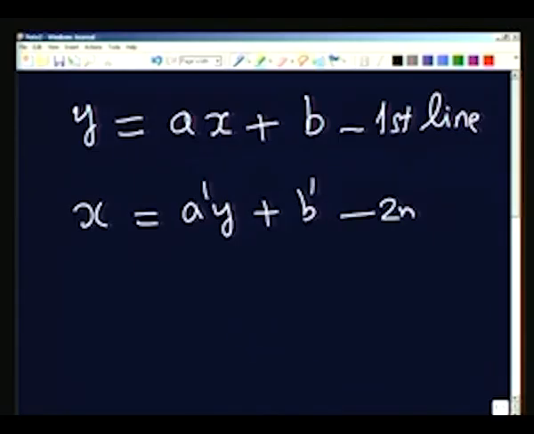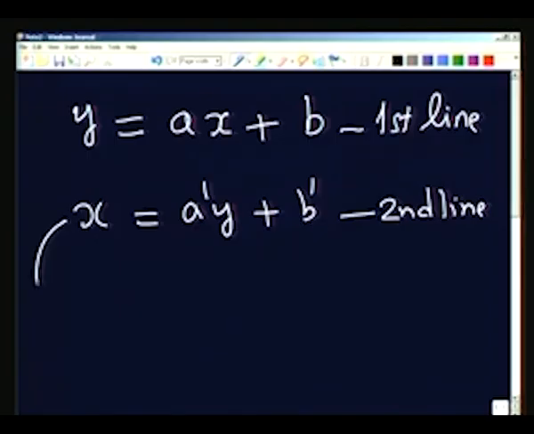I will call this the second line. So what I did earlier was to assume that y and x were linearly related in the form y equal to ax plus b, where a was the slope of that line, b was the intercept. Instead of that, why not take x as a function of y in the form x equal to a prime y plus b prime.